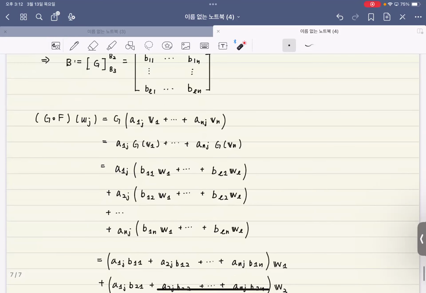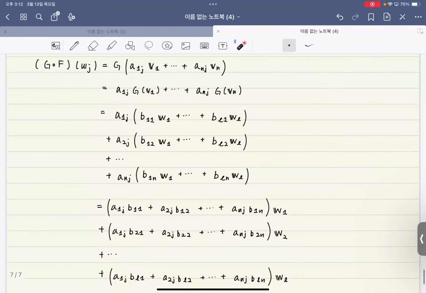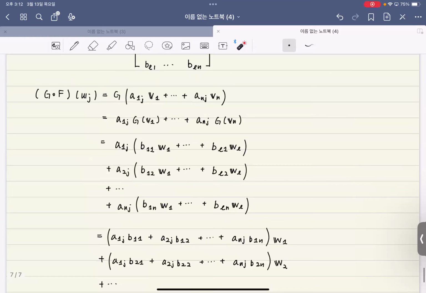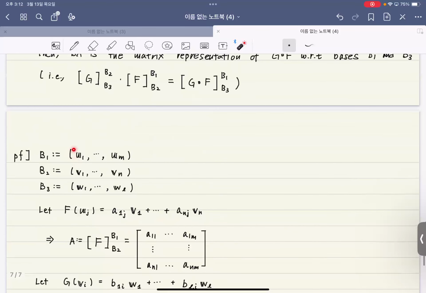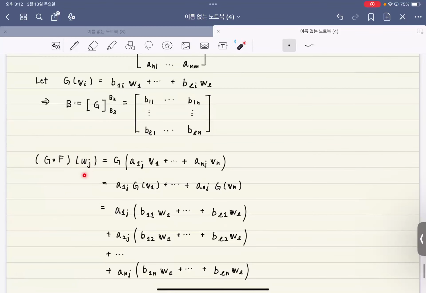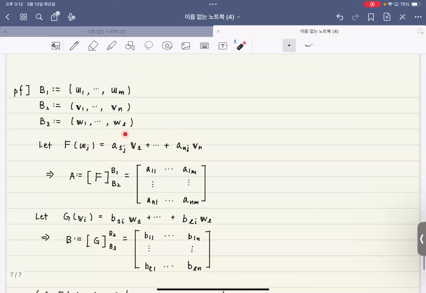Now, on the other hand, I want to consider G composed with F, and I plug this basis vector into this composed linear transformation. This is the same as G of F of Uj. So F of Uj has been replaced by this linear combination.